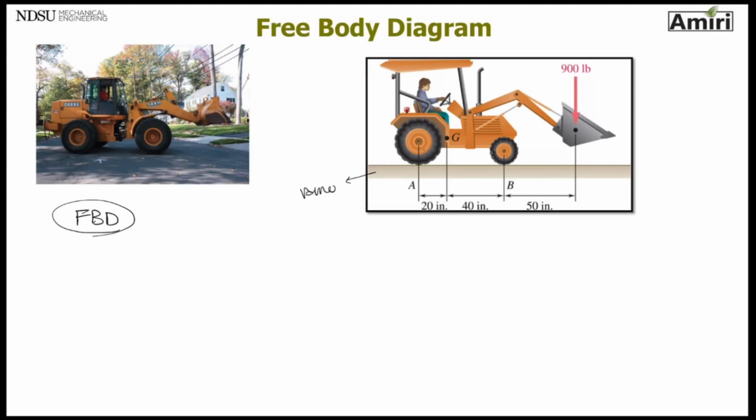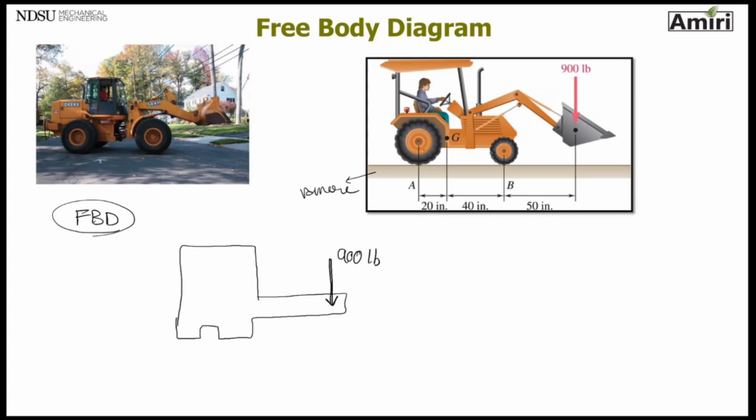So remove this. And again, it's not art, so it doesn't have to be perfect. I'm just going to draw something like this, very generic. And I'm going to have 900 pounds. That is the external force.